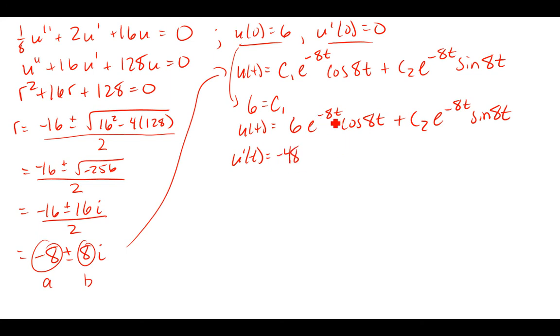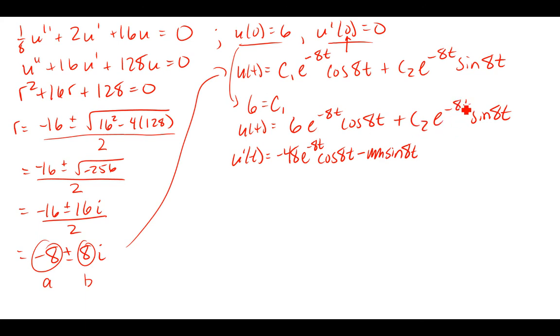If I do the product rule here, the derivative of the first, let's say, I get negative 48 e to the negative 8t times cosine. And then when I do the derivative of the other piece, I get minus, and I'm just going to cheat here and say you're going to get something with sine. Why am I not even caring about that? Because in a second I'm going to plug 0 in, and all the terms that have sine are going to end up being 0. Second piece, I had to do the product rule here as well.